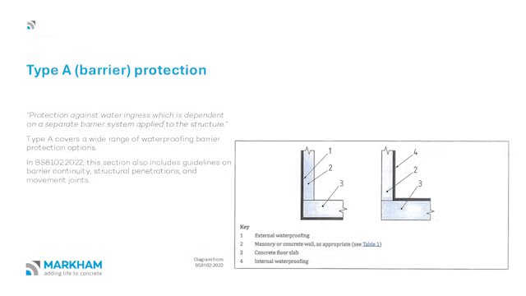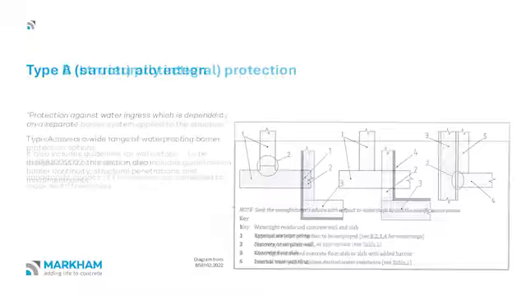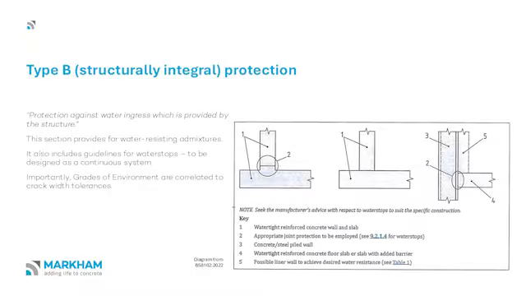Type A, that's a barrier. That's physical barrier protection. It's a membrane. A lot of people refer to it as tanking, but that's an actual barrier on the concrete side of the wall. Type B is integral protection, where you start to think admixtures, things that go in the concrete. It's integral, internal to the structure.